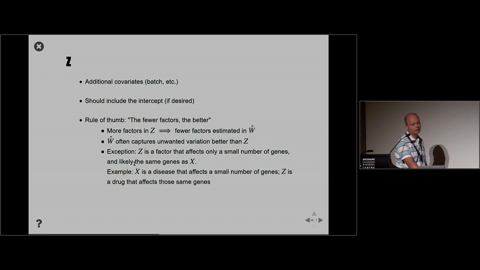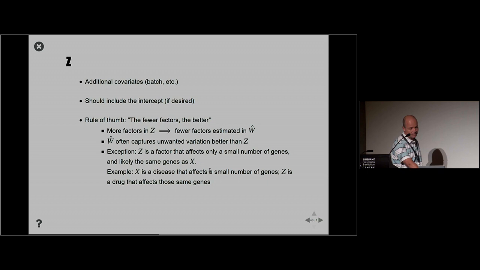There is one important exception, and that is when you know of some factor that likely affects only a very small number of genes, and importantly, also these genes it affects are also very likely the genes that may be affected by your factor of interest. So an example would be, say you want to do a differential expression with regard to some disease.